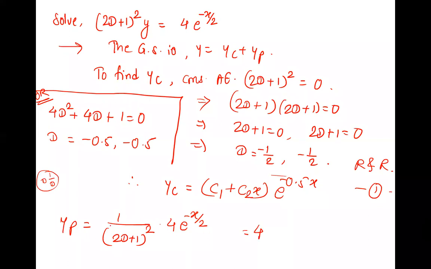So constant 4 out, it is 1 upon 2D plus 1 bracket square into e raised to minus x by 2. Because now I know, if we put these minus, what D will be substituted by? -1 by 2.